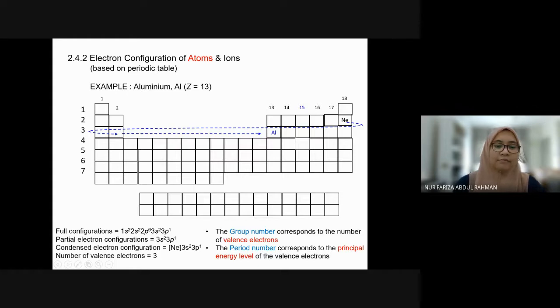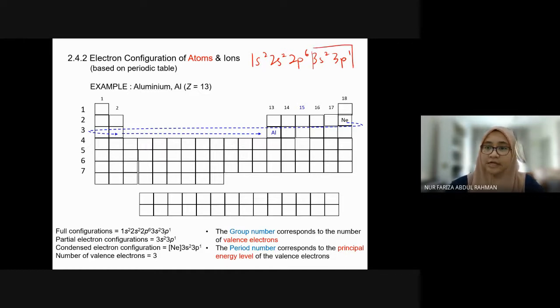And then the number of valence electrons. How do we determine the number of valence electrons? We can determine it from the highest sub-level being filled. This is 1s2, 2s2, 2p6, 3s2, 3p1. First you have to determine the highest sub-level being filled.